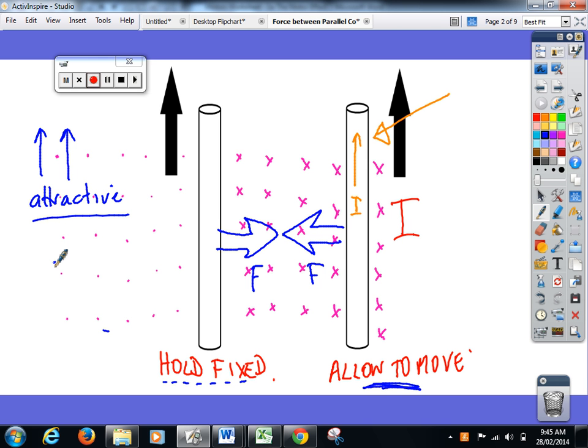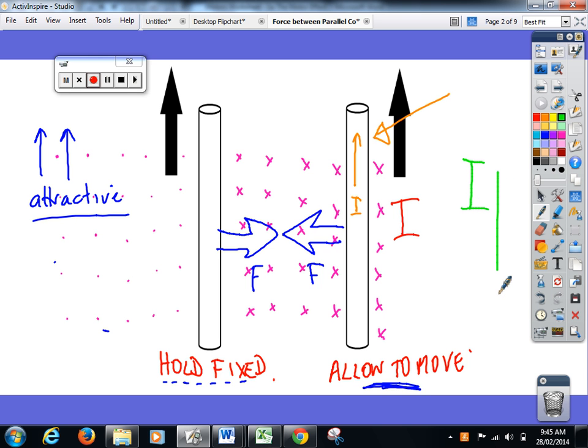Okay, we pull together. We can then just use common sense and say, well, what would happen if I now make this second one over here have a current, let's go a different colour than pink, let's go green.